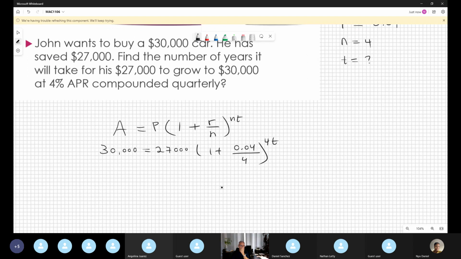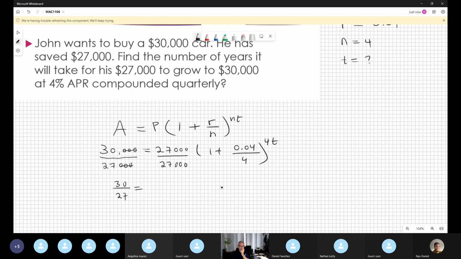Okay, first of all, you divide both sides by 27,000, because I want to eliminate this big number, no? And this is just 1. But this cancels out the zeros, boom, boom, boom. 30 over 27 is equal.